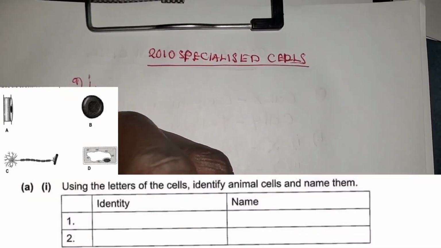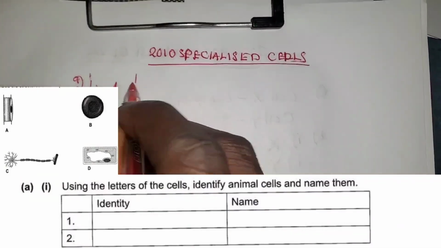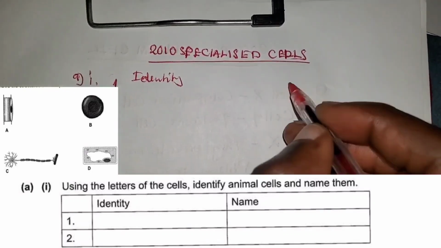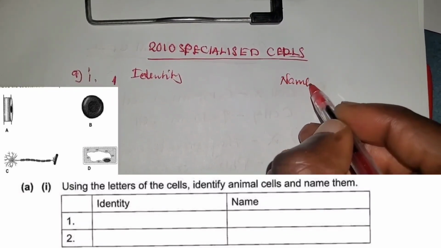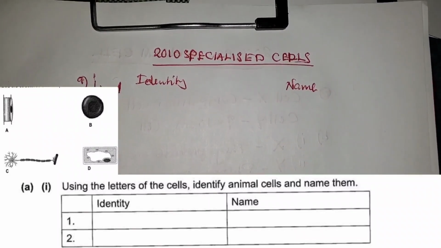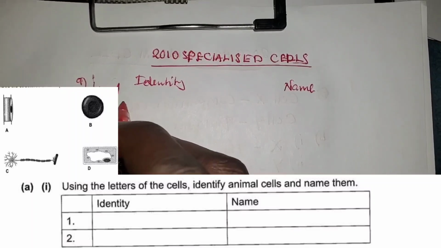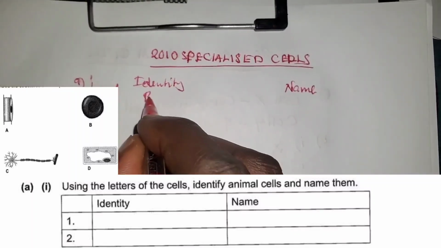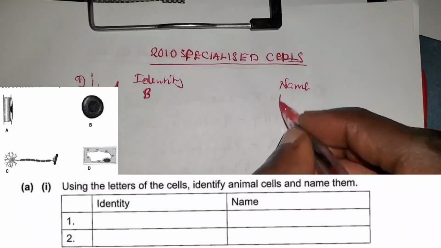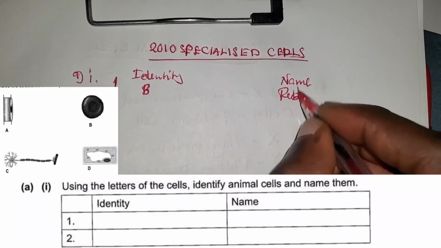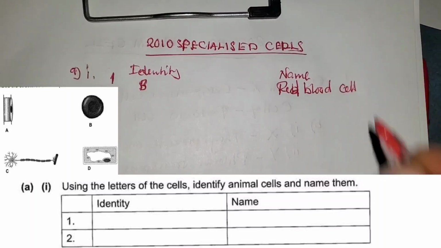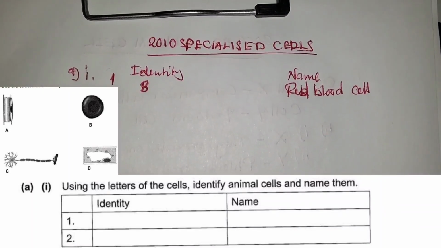So there is the identity here, and this side the name of the cell. Number one, we have B. What's the name of cell B? It is a red blood cell.